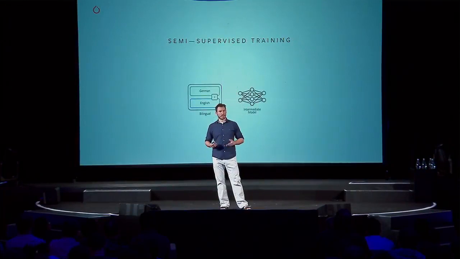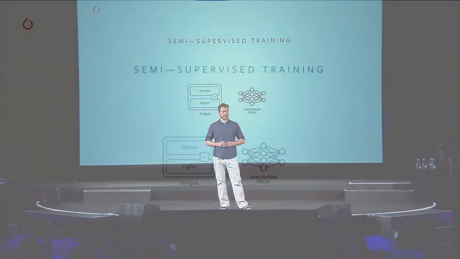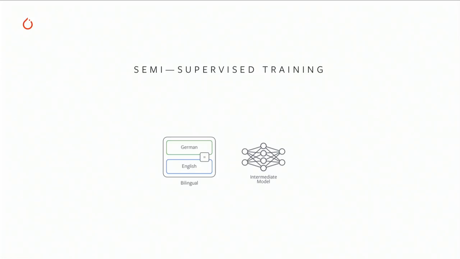So we wish to translate from English to German, and there's this very well-known mechanism called back translation, which works as follows. You take the labeled data, and you train a system that translates from German to English, so in the reverse direction of what you actually would like to translate, because we would like to translate from English to German.